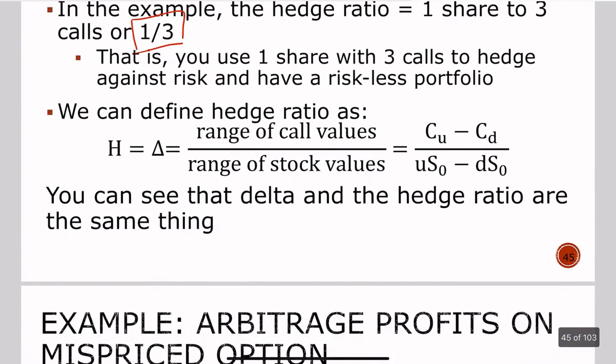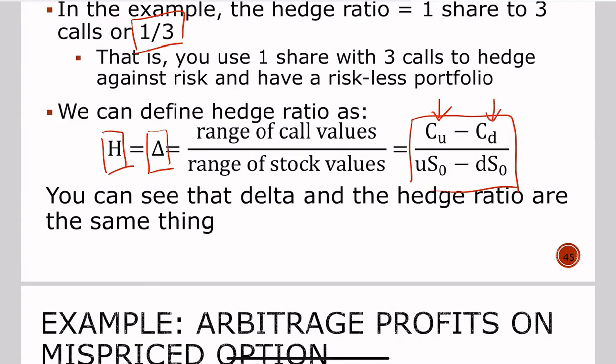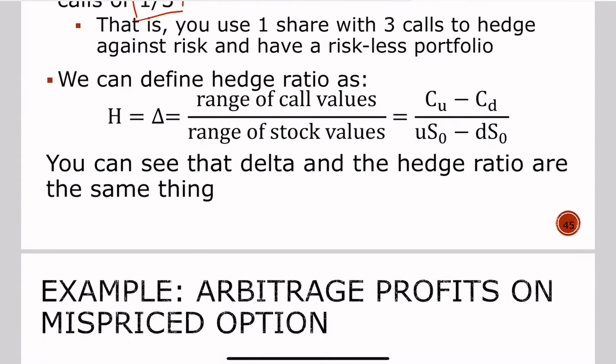So you can see that hedge ratio has the same formula as delta, which is the higher option value minus the lower option value divided by the higher stock price minus the lower stock price, where you could say it is equal to the range of call values divided by the range of equity values, right? You can try this formula and see this actually holds, right?